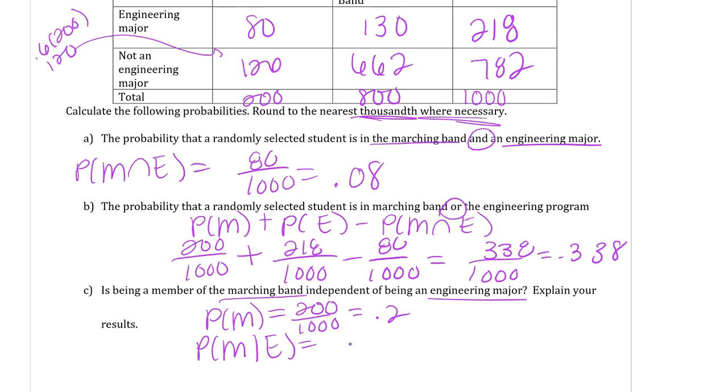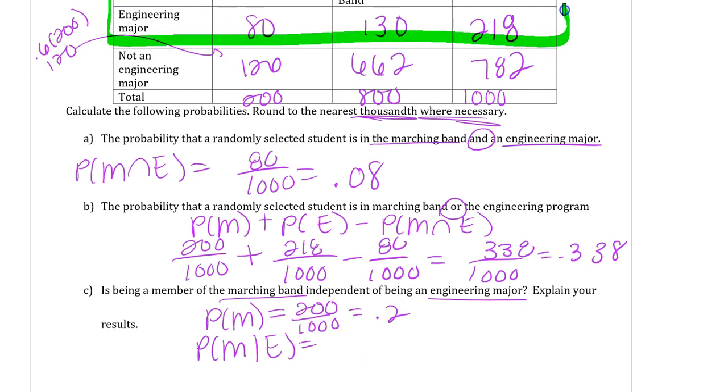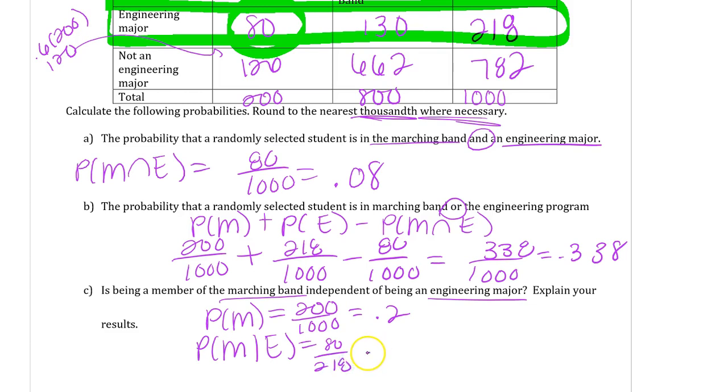Marching band given they're in the engineering program. So given they're in the engineering program, 80 of them are in the marching band. Okay, and I would get 0.367.